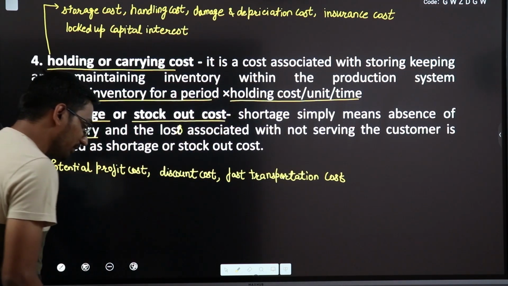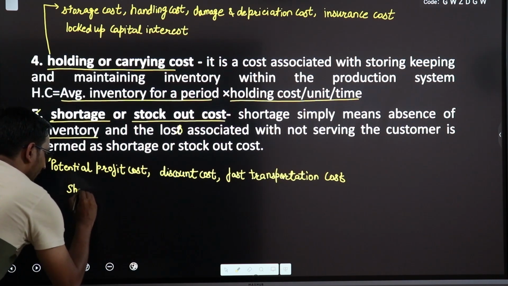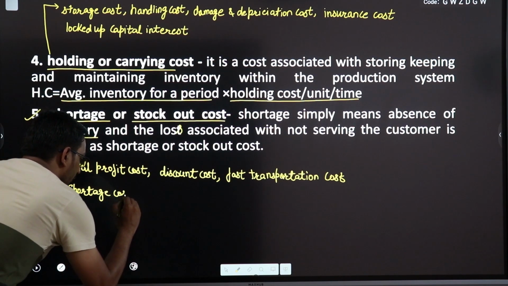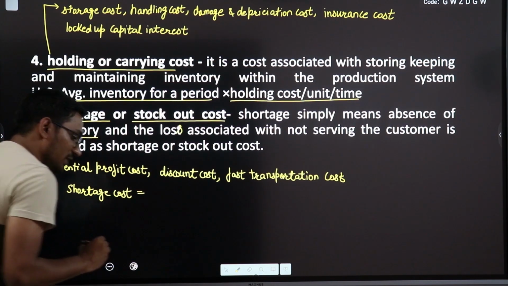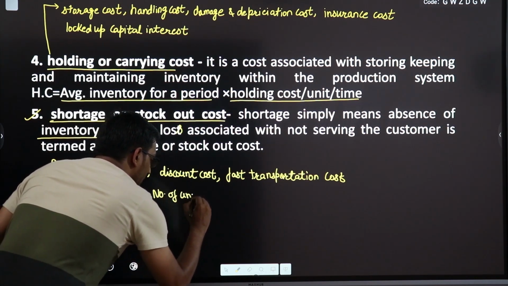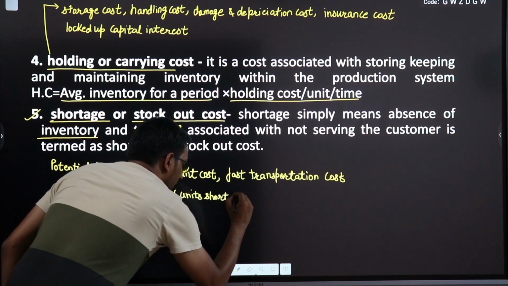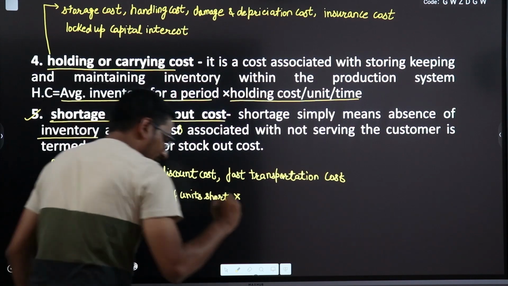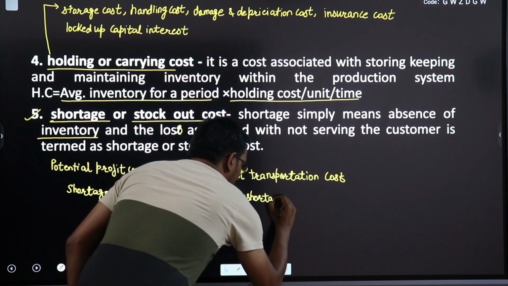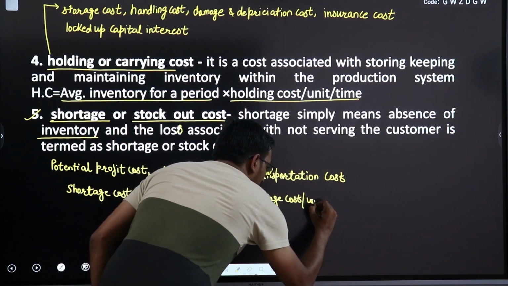Now shortage cost will be equal to, if you need to find what will be the shortage cost, this will be equal to number of units short, how many units are short, multiplied by shortage cost per unit.